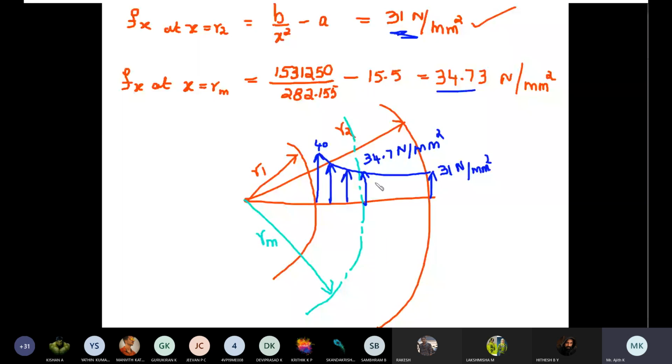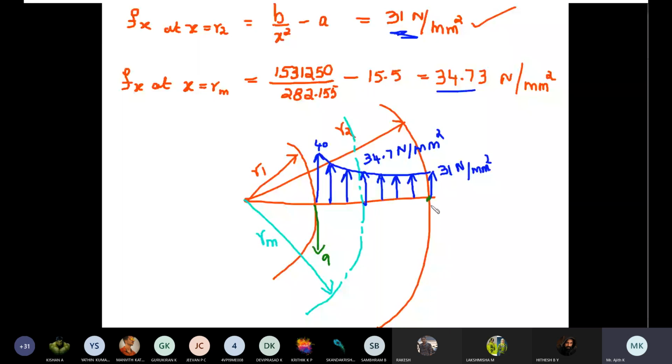One last step, you have to plot the px distribution below the horizontal. So the value of px at the innermost surface will be 9 Newton per mm square. It is given in the question. The fluid pressure at the outermost is 0 because external fluid pressure is not mentioned in the question.